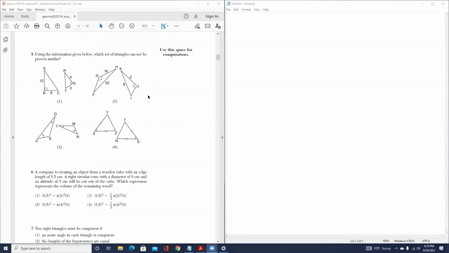Question 5, using the information given below, which set of triangles cannot be proven similar? So let's write out all of the proofs for congruent triangles.